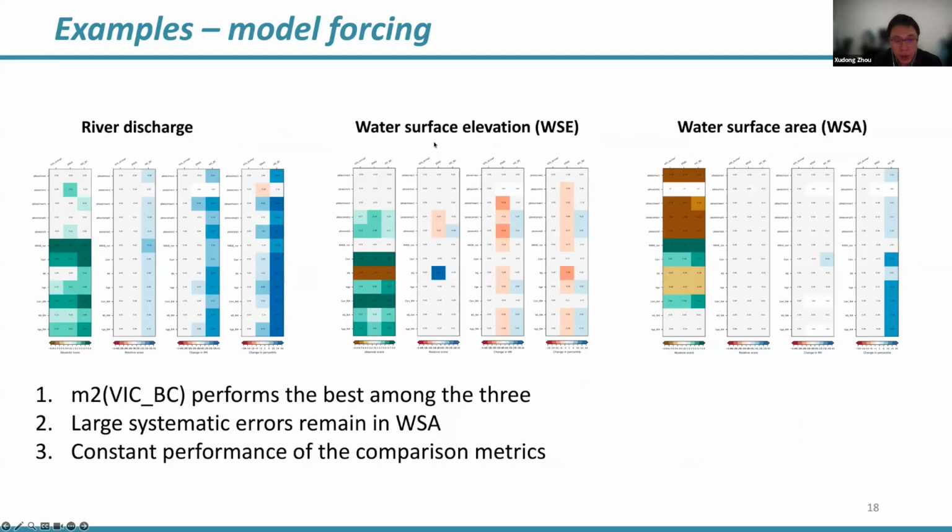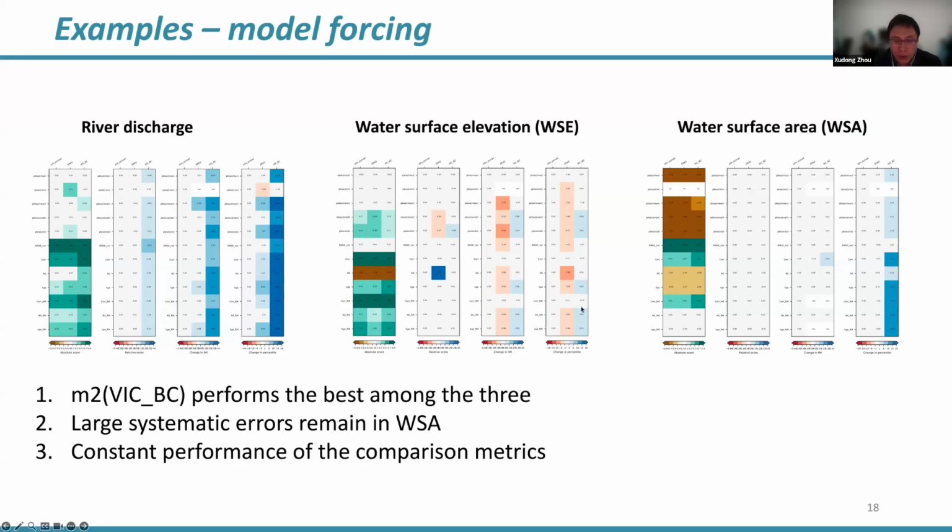Then we can also compare the water surface elevation and also the water surface area. We can see the elevation and the area are showing a different trend from the river discharge. But for the water surface elevation, maybe the third one, the weak bias corrected, is still better than the benchmark. But that is not the case for the water surface area.